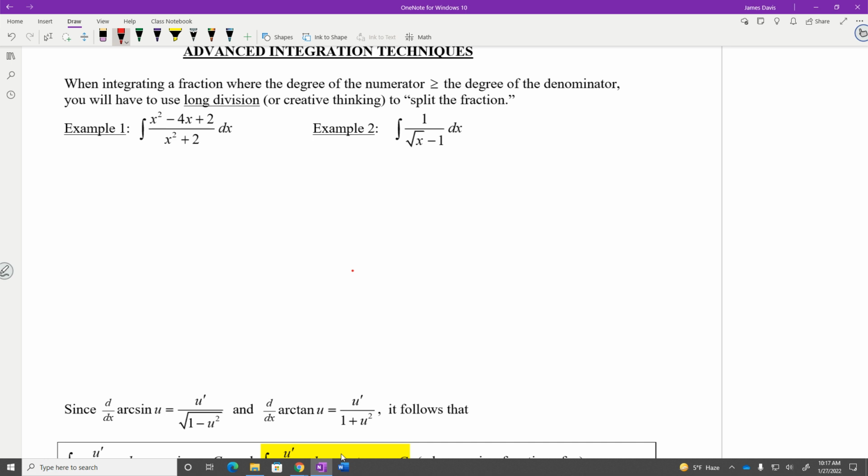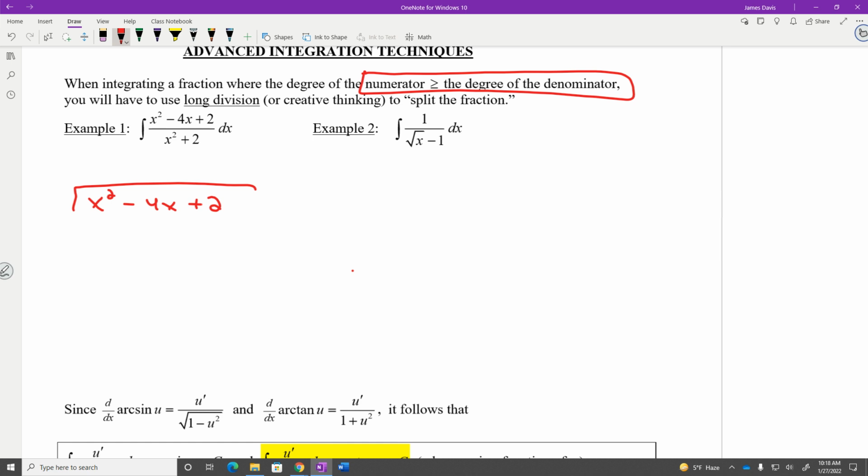As it says here, if the degree of the numerator is greater than or equal to the degree of the denominator, that's the situation we're looking for, which is what we have here. Then we have to do some long division or creative thinking to split the fraction. So let's try our long division here: x squared minus 4x plus 2.